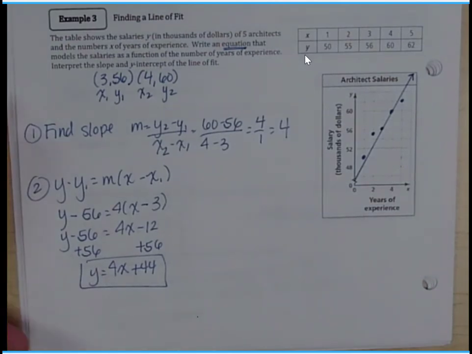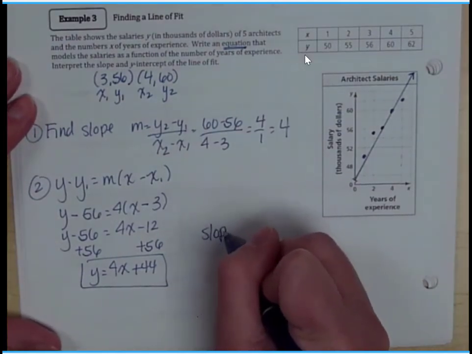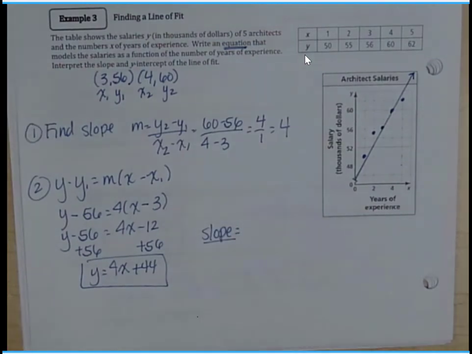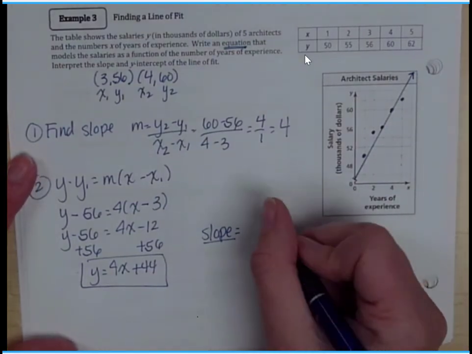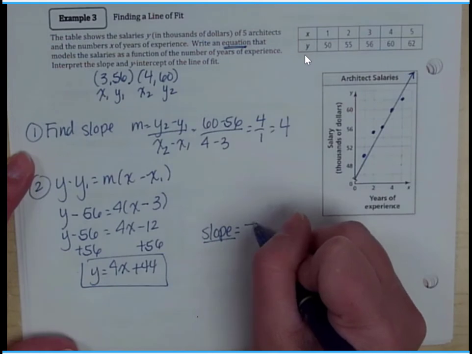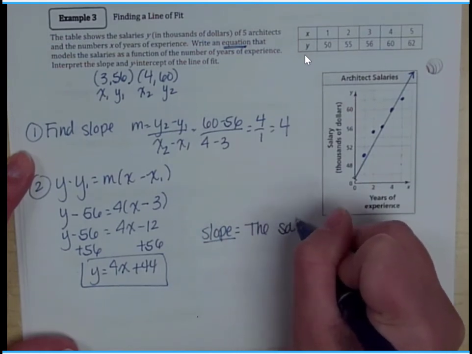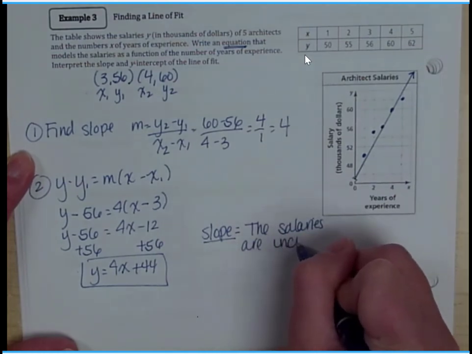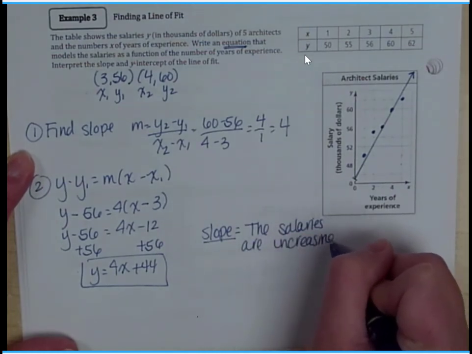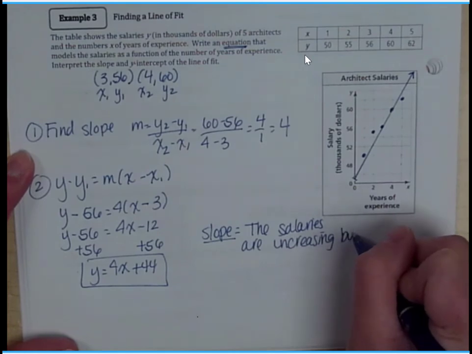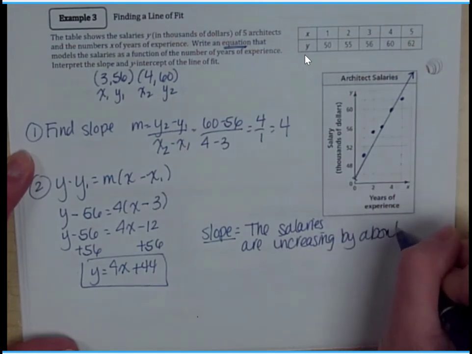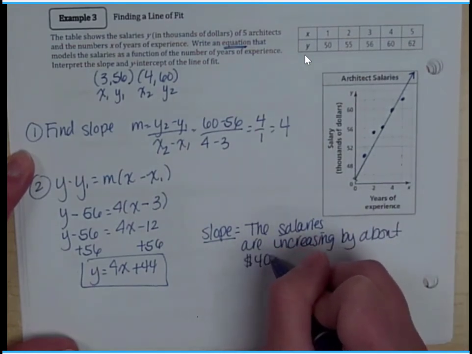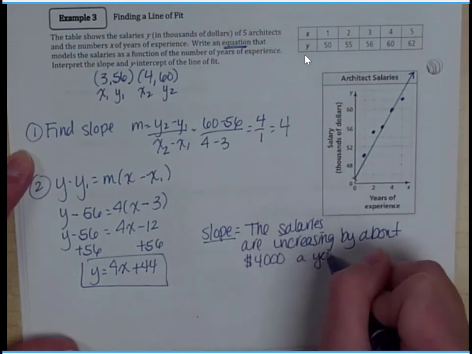Now let's talk about the slope and y-intercept. What do they mean? Remember, when it says interpret, that doesn't mean just tell me what it is. The slope is 4. That doesn't explain what that means. So this means that the salaries are increasing by about $4,000 a year.